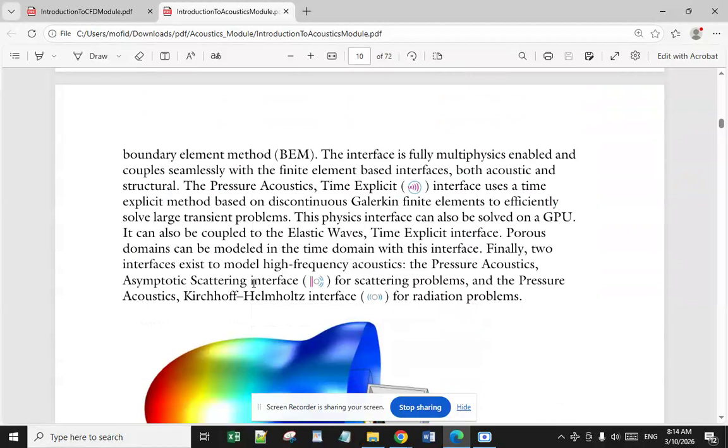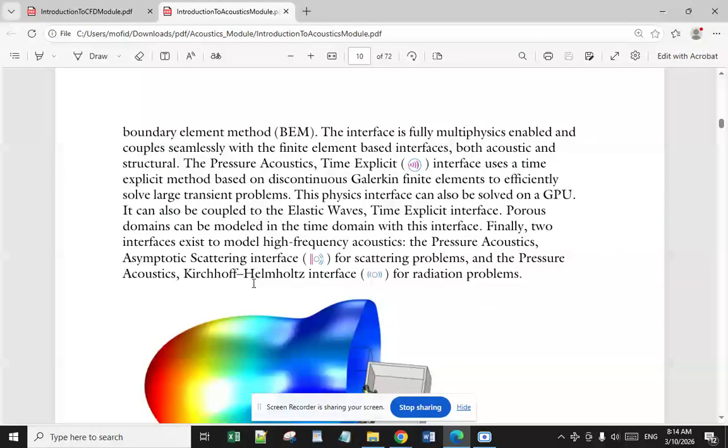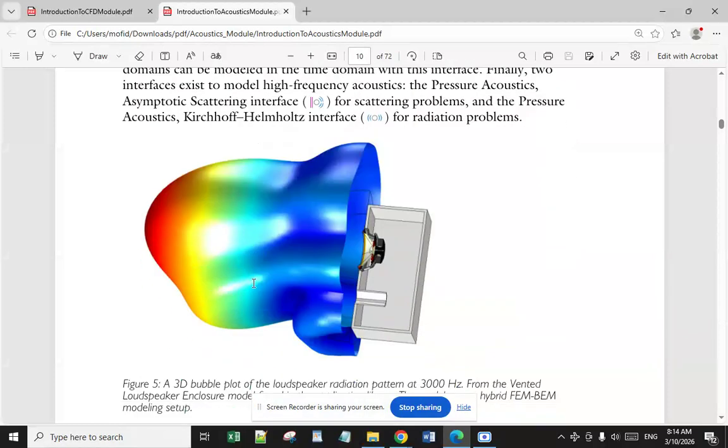This physics interface can also be solved on a GPU. It can also be coupled to the Elastic Waves, Time Explicit interface. Pulse domains can be modeled in the time domain with this interface. Finally, two interfaces exist to model high-frequency acoustics: the Pressure Acoustics, Asymptotic Scattering interface for scattering problems and the Pressure Acoustics, Kirchhoff-Helmholtz interface for radiation problems.